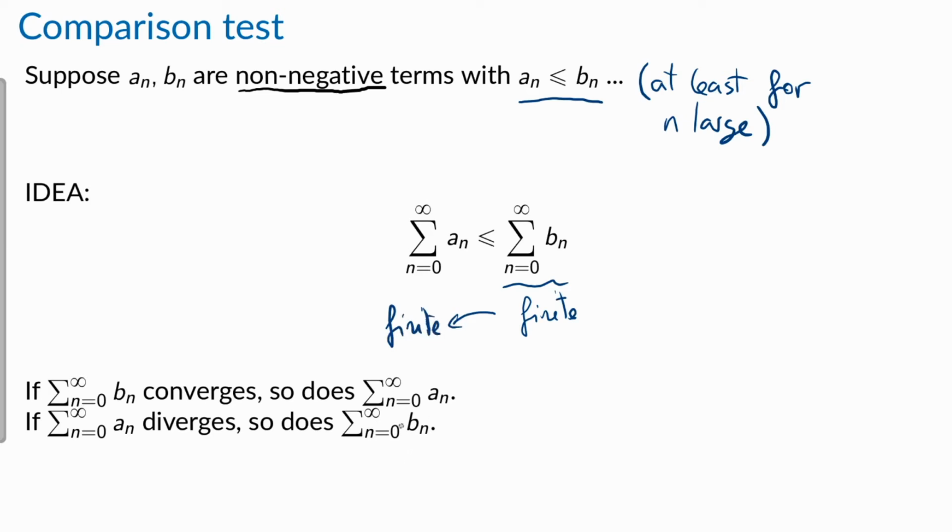That's one way of using the test. Or we can go the other direction, and say, well, if the one on the left is infinite, then the one on the right is infinite. And this is just a simple game of inequalities. And so this is the way the statement is.